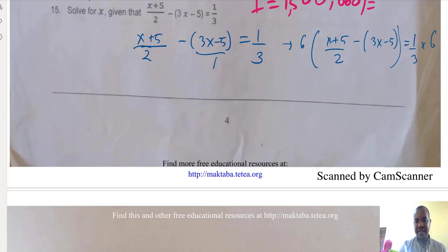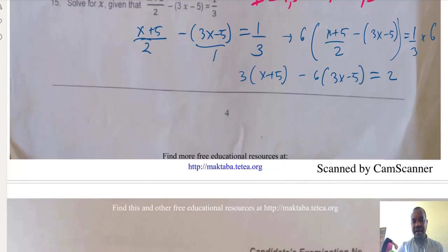If we do that, we get 3 in the bracket, x plus 5, minus 6 in the bracket 3x minus 5, the other side equals 2.